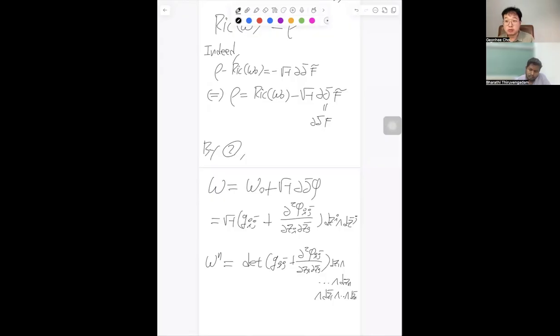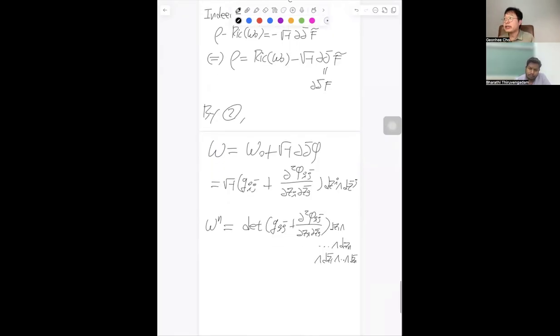We'll get this. This is an (n,n) form, so that we can now take the log. I'm just applying the log of the determinant of this expression.